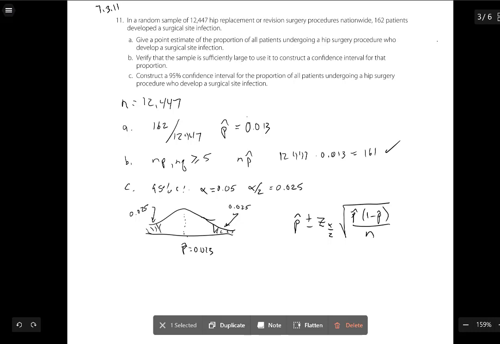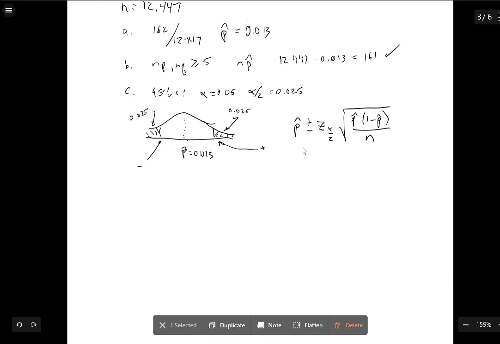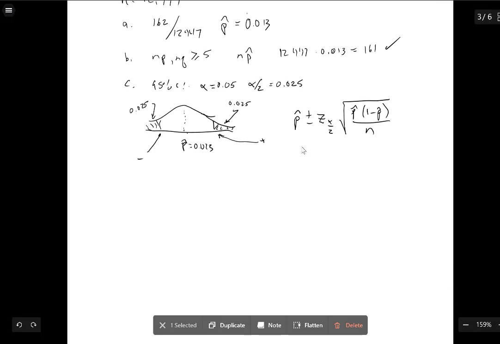That will give us our confidence interval. The plus will give us the point on this side, the minus will give us the point on this side. The interval between those 2 points is what we're looking for. All right, so let's put our numbers in.